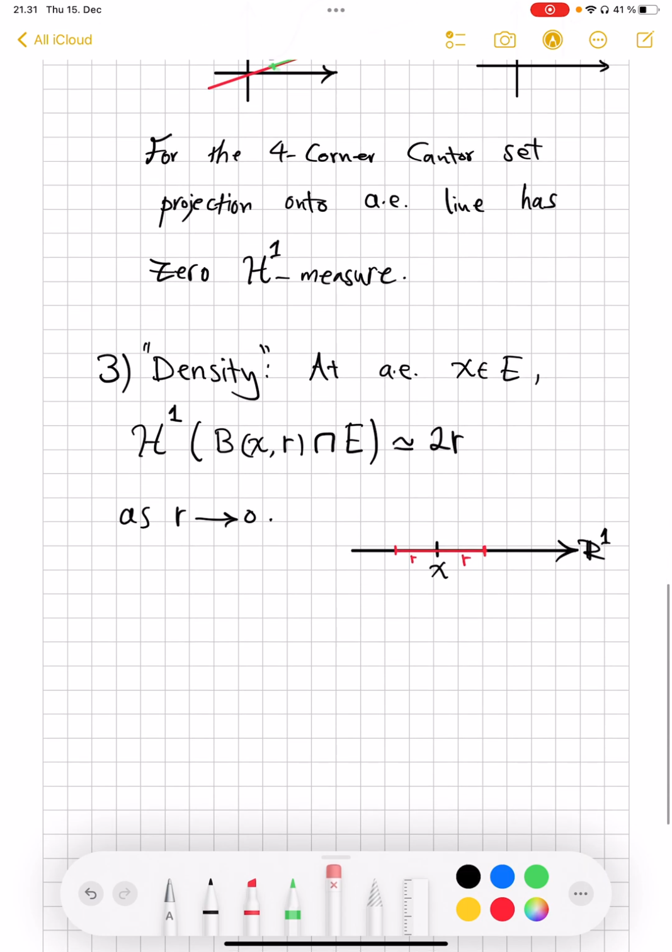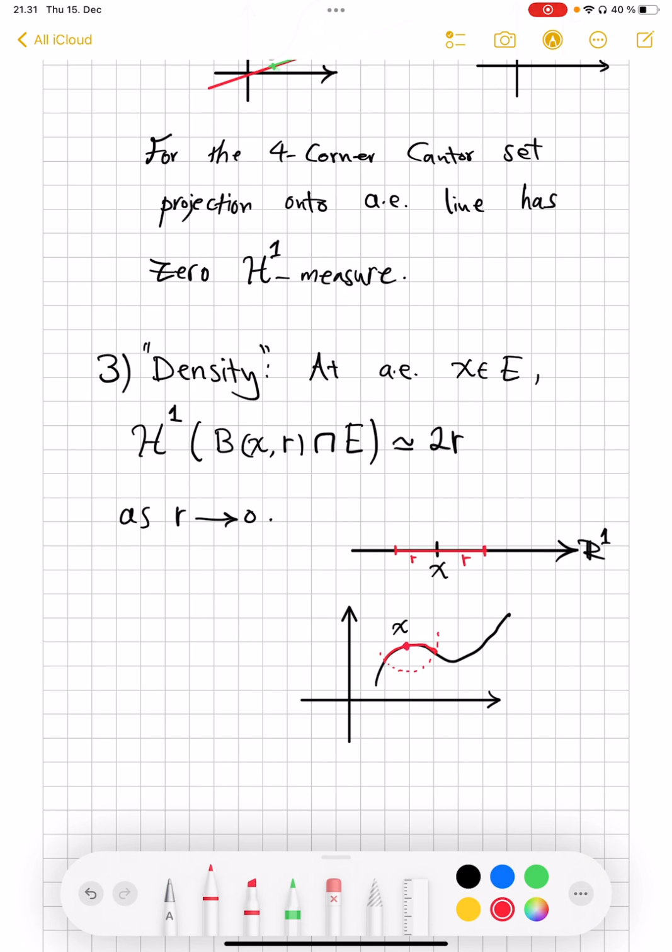If you look at a one-dimensional curve in R2, which is C1, and if you take a point x, and then you take the ball of radius r, so the part of the set that lies inside the ball will be this.